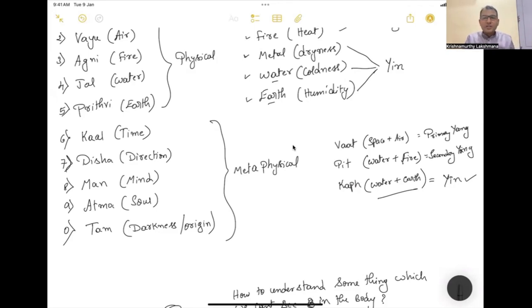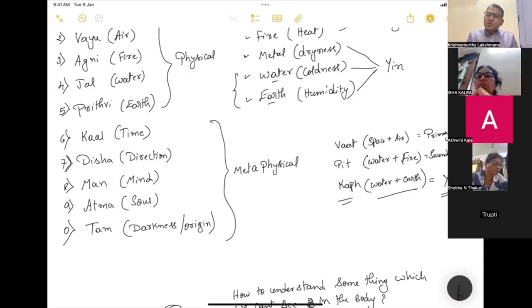Yes, sir. So Kaph is equal to yin. Then the yang should be the other two. Yes or no? Yes, sir. So which is more yang? We will have to find that.